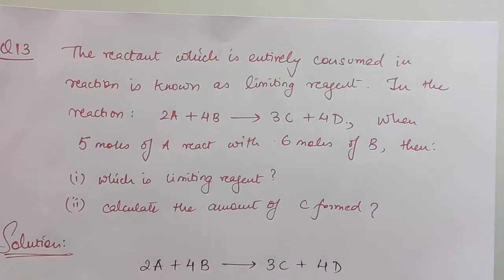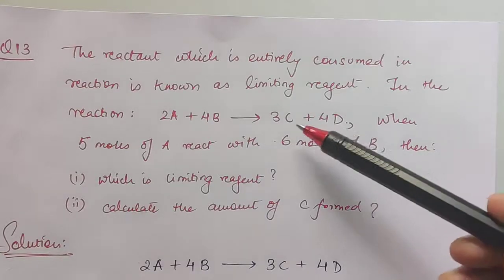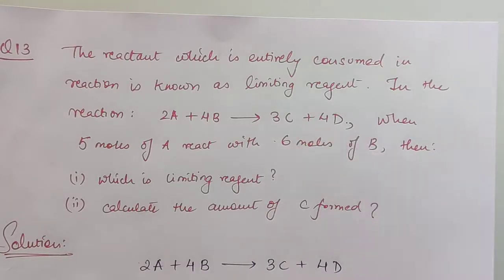When 5 moles of A react with 6 moles of B, you need to find out the limiting reagent and calculate the amount of C. Over here, we have to find how much C is produced in the reaction. Clear? So let us begin with the solution.